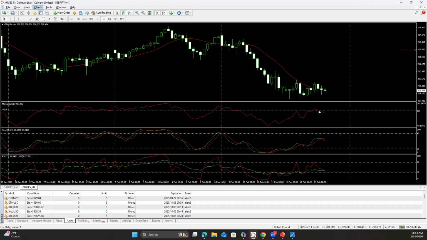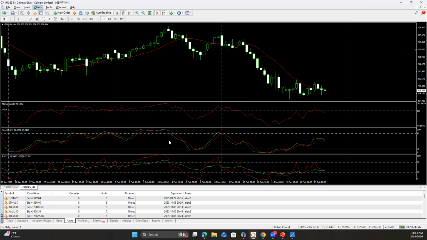If I'm coming here and it is below the 100, but the indicator itself is flat, then maybe I've missed the move. Y'all understand that?